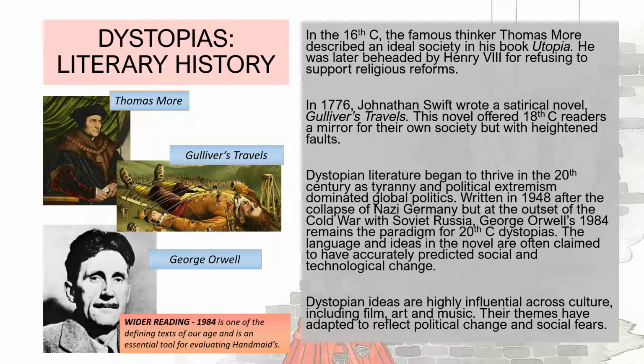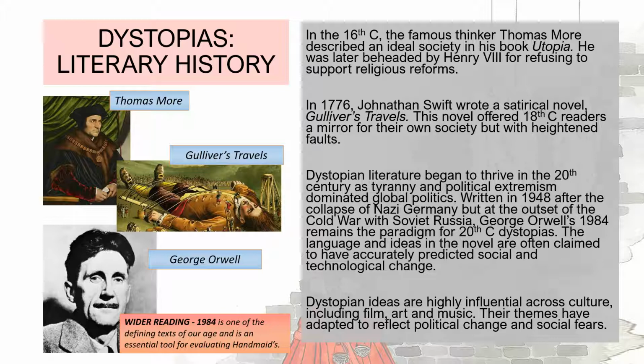But following on from Thomas More in the literary history of English, we get satirical novels and satires. And satires, as you may know, offer a version of society that is in some way grotesque, in some way deformed or exaggerated in order to make a point. And there is a relationship between dystopia and satire.